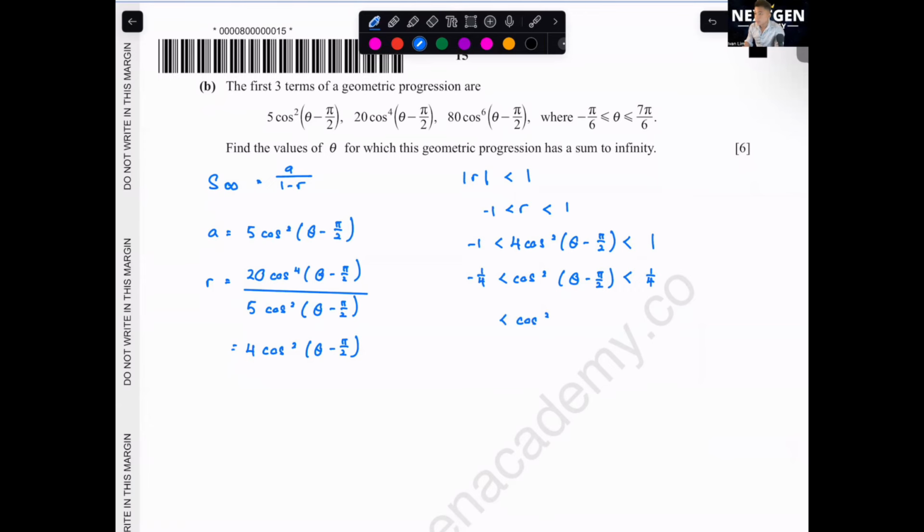Hold on a minute. We have to split it into two equations over here. What did I write here? Let me see.